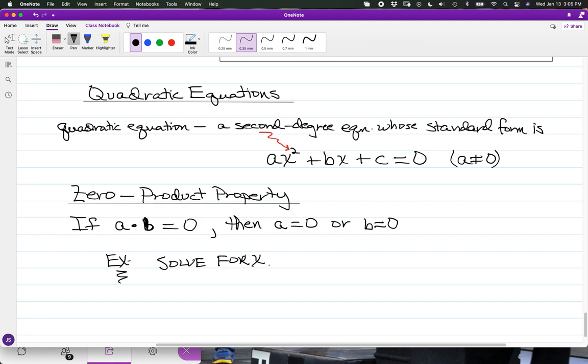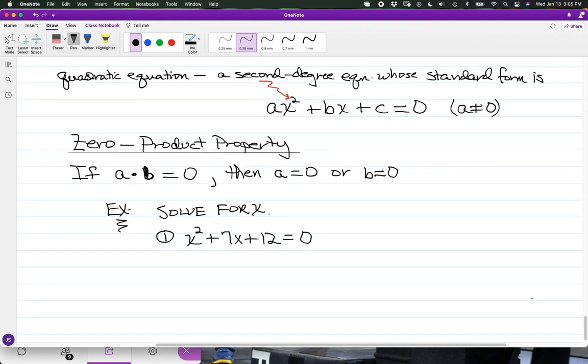Let's say we have x squared plus 7x plus 12 is equal to 0. Just looking at what we have here, you're looking at the values of x such that x squared plus 7x plus 12 is equal to 0. And if we look at factoring, from x squared we have x and x.